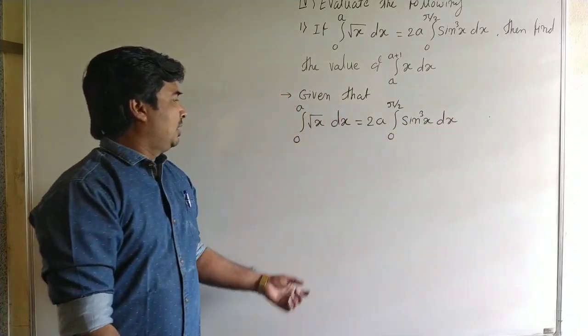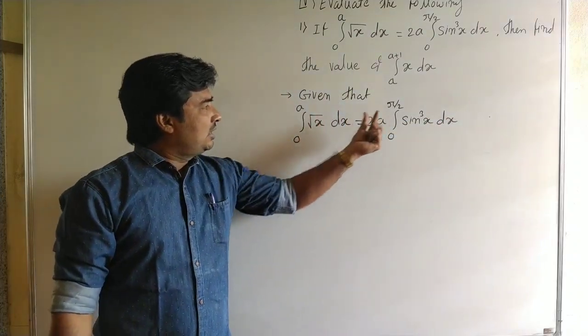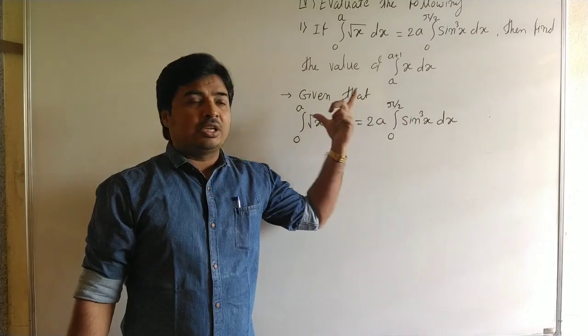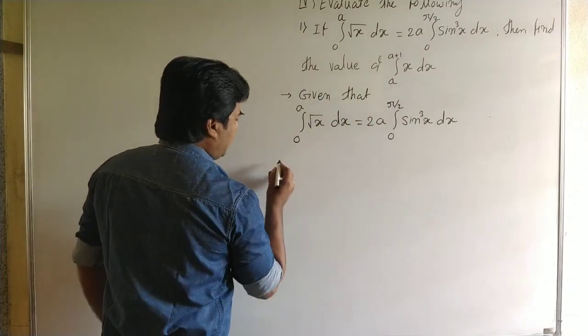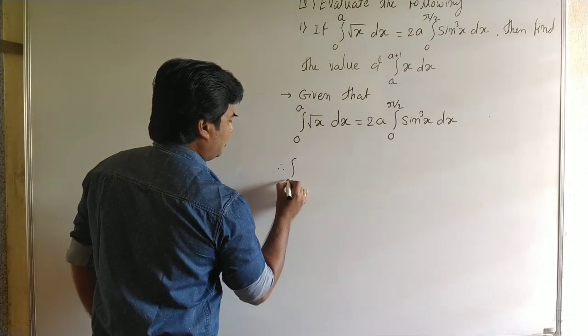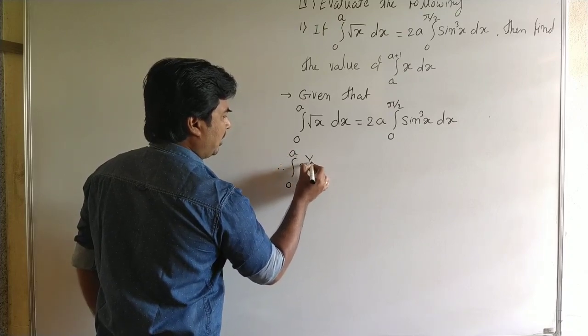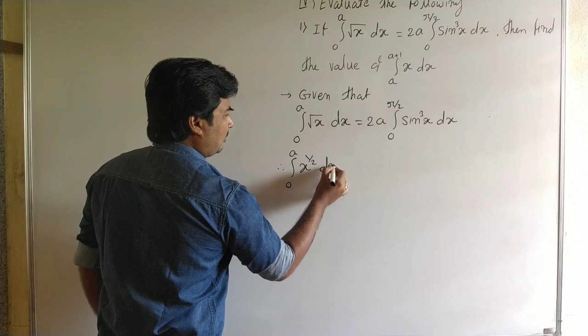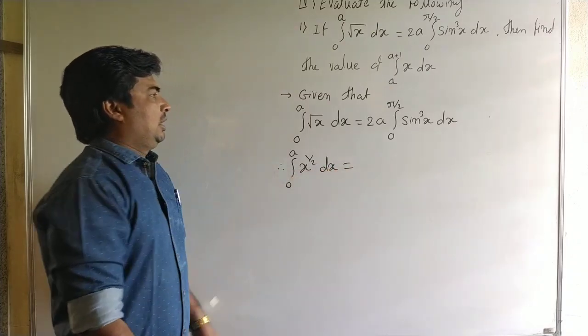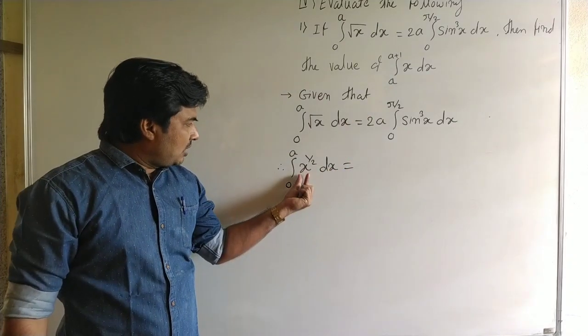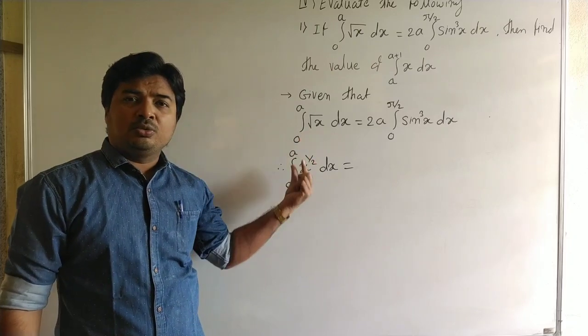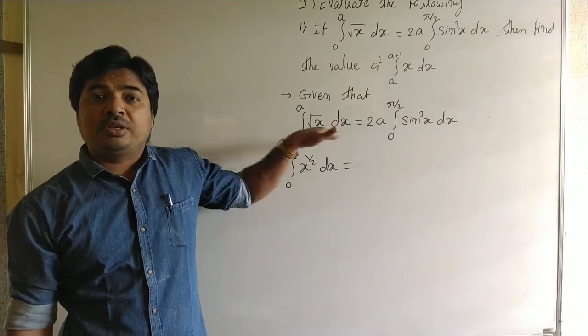Now evaluate this integral and the integral of sine cube x. First it is under root x, so here we can write 0 to a, under root x means x to the power 1 by 2. That means here we use the standard integral of x to the power n.